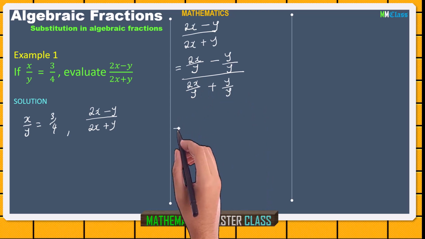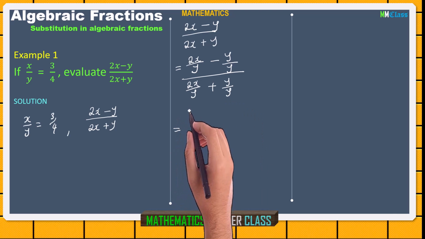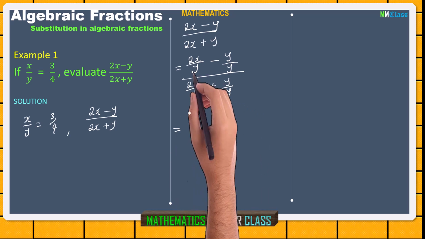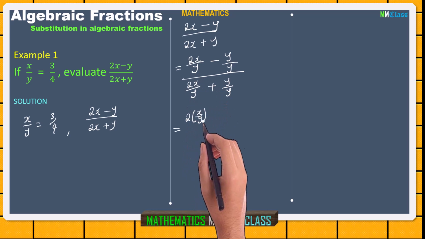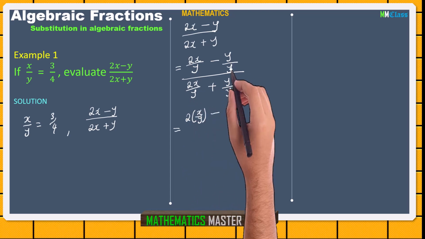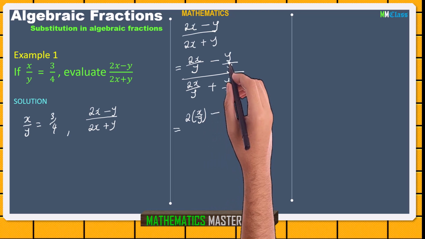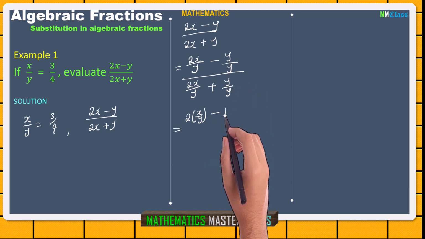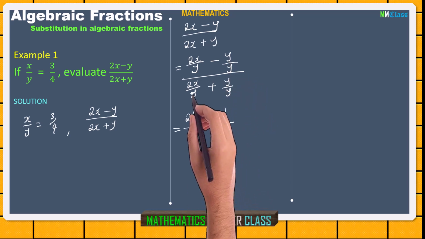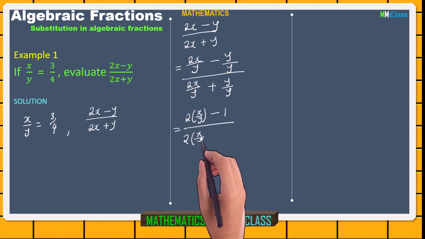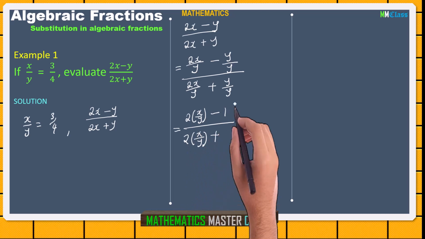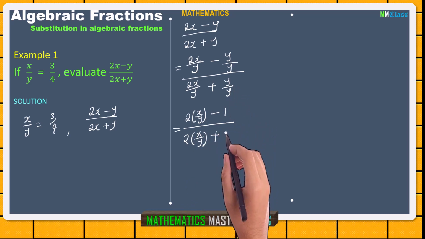If we do that, we now get 2 open bracket x over y minus y divided by y, which will give us 1, all over 2 open bracket x over y plus y divided by y, which will give us 1.